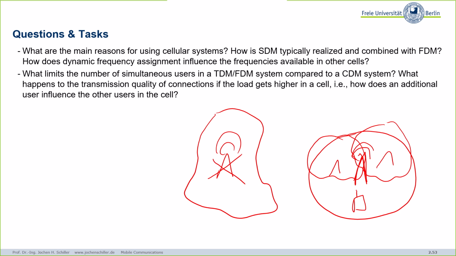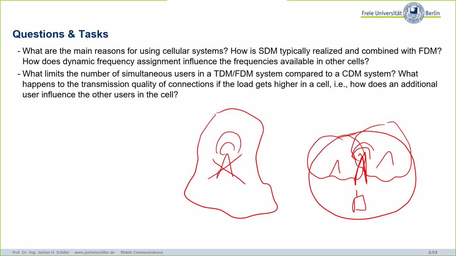The problem there is that you have only a limited capacity per cell. So the umbrella cell maybe has the large coverage, but cannot actually provide appropriate service for the same number of users compared to the many smaller cells.